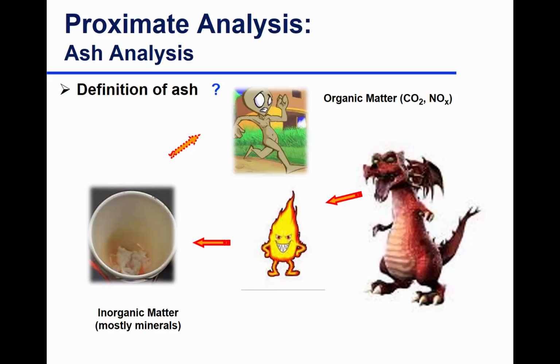So basically, you get your sample, you burn it off at really high temperature, and then your organic matter will get oxidized and actually evaporates in the form of carbon dioxide, nitrogen oxide, or sulfur dioxide, and H2O. So they all leave in that manner, and what's left behind is your inorganic matter.